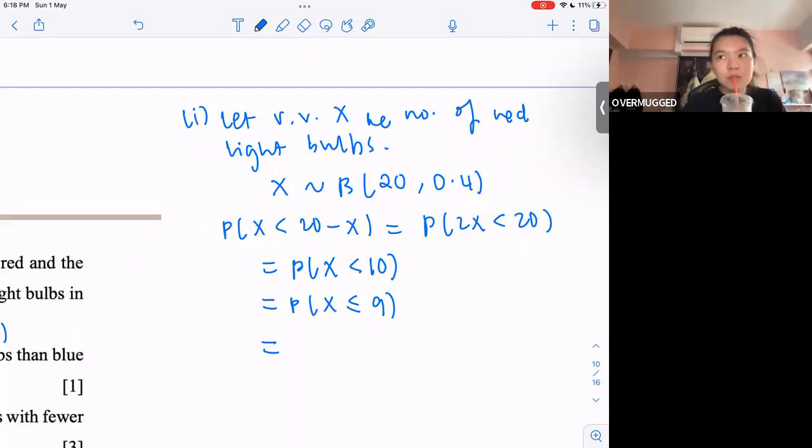What will the probability be? Anyone? This is just plugging into your GC.